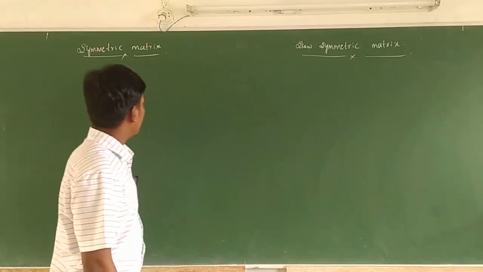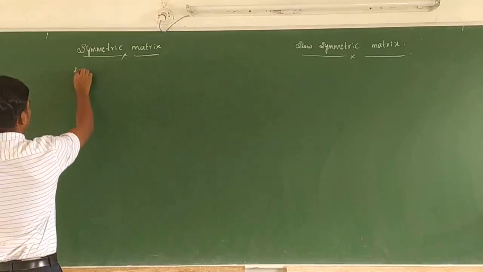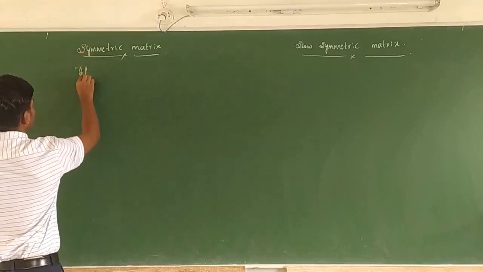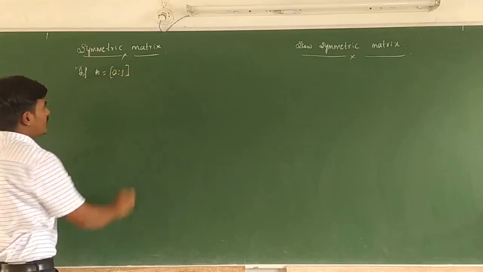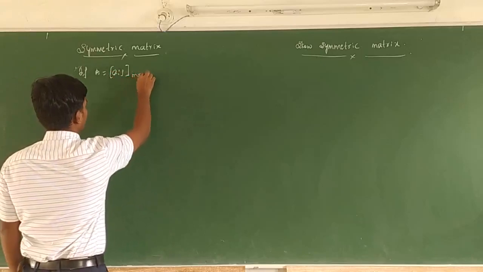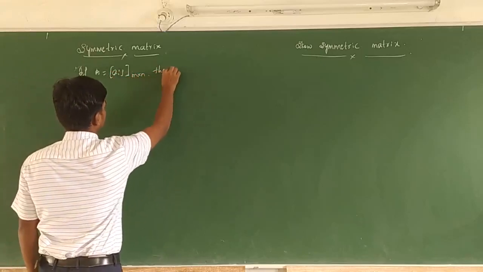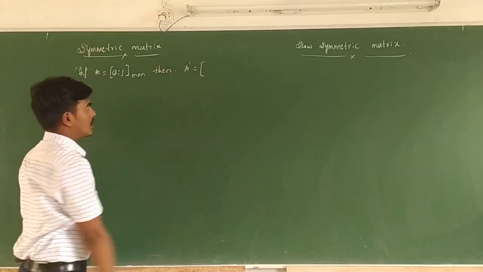Here, symmetric matrix means, for any square matrix A, let A equals Aij be any matrix of order m by n. Then A transpose equals what?